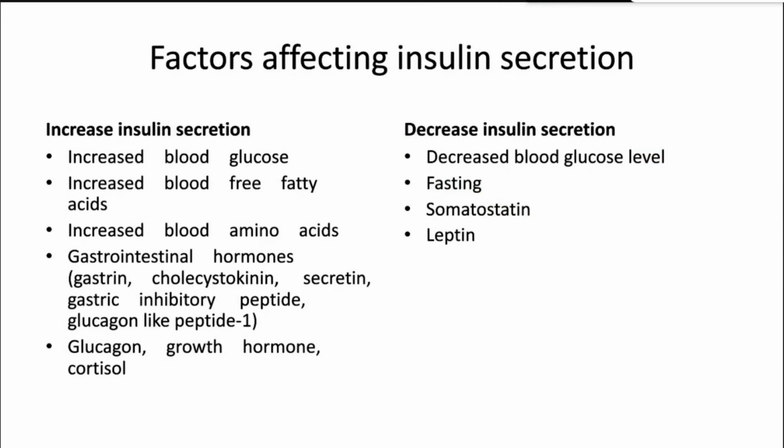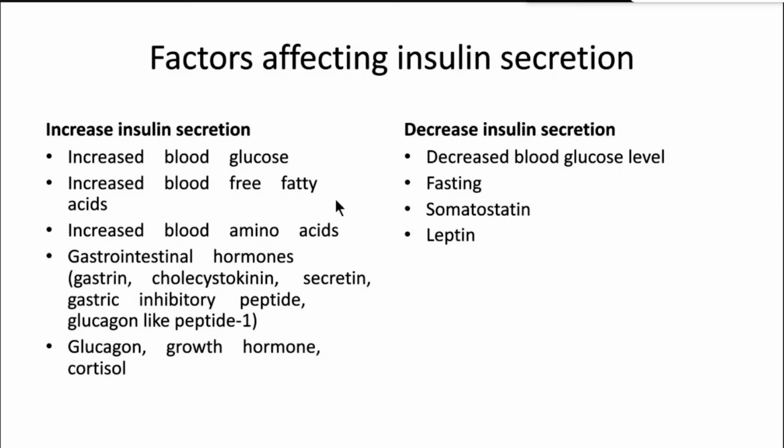Now, factors affecting insulin secretion. We have seen the effects of insulin on different metabolic reactions, different aspects of metabolism. You will study the more details of the enzymes in biochemistry.